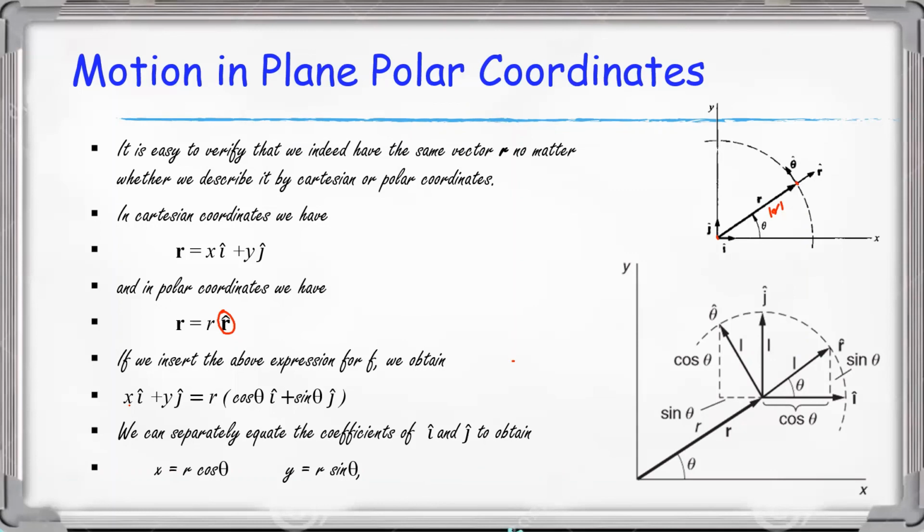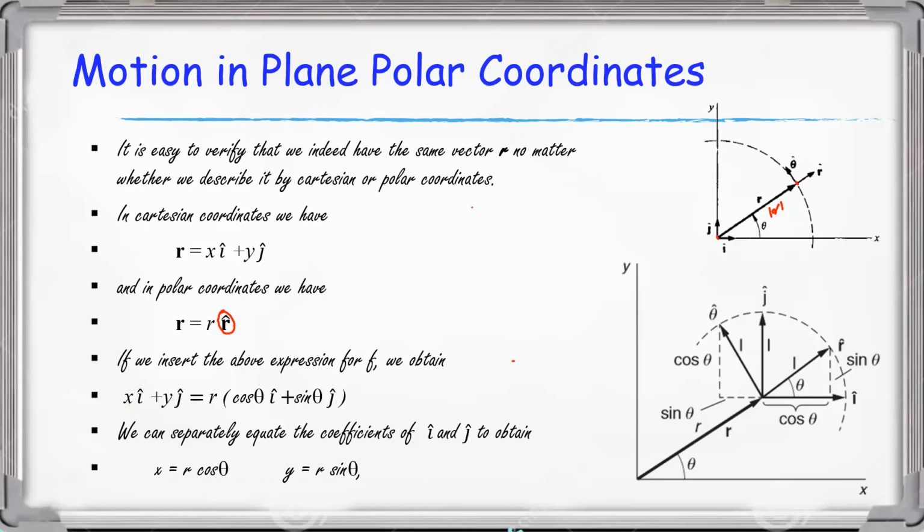To obtain the value of r, it must be found from these quantities, x is equal to r cos theta and y is equal to r sin theta. When we square these, x square is equal to r square cos square theta and y square is equal to r square sin square theta.